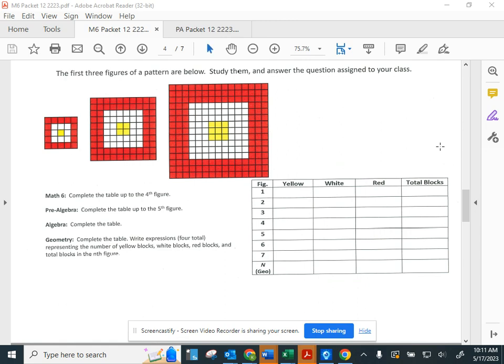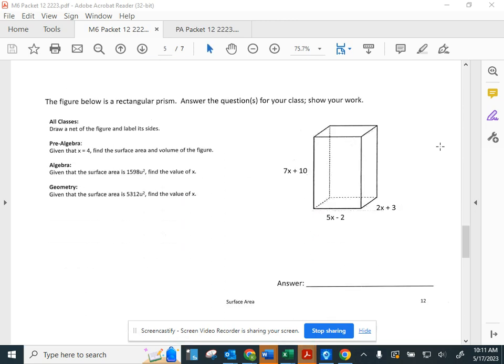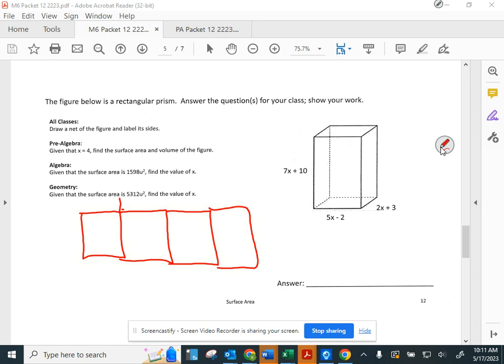All right, next page. We need to draw a net and label its sides. I've been having a lot of people, when they draw the net, they know there are 4 sides going this way, and then there's 2 sides like this.